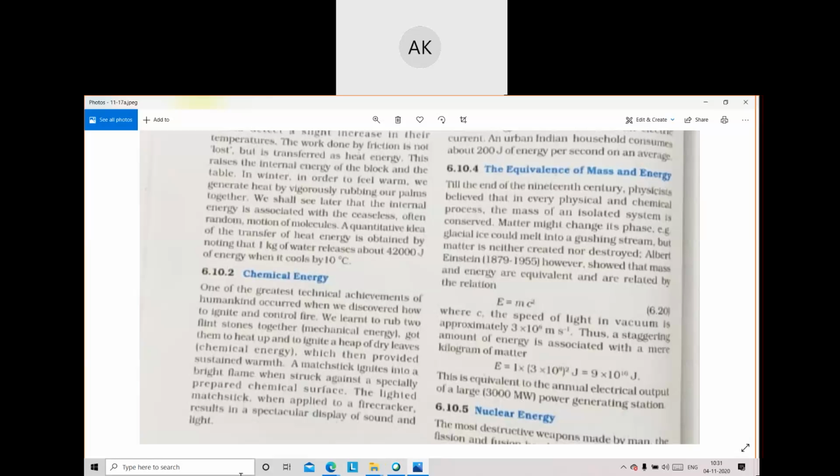I will tell you, during fission reaction and fusion reaction, energy is released. For example, two hydrogen atoms fuse to form helium. One side, two hydrogen atoms, and when they combine they form helium.